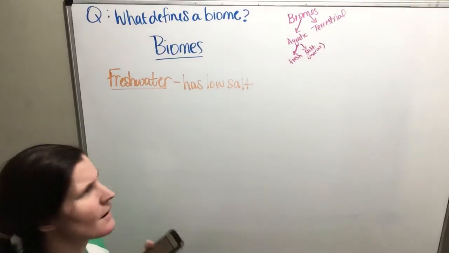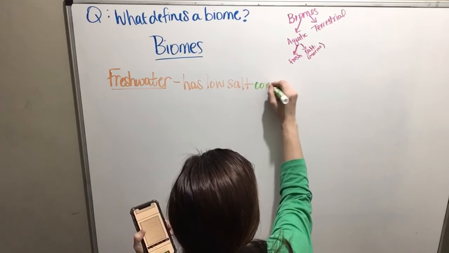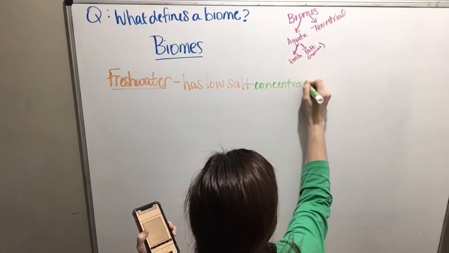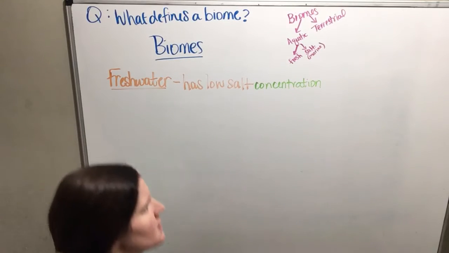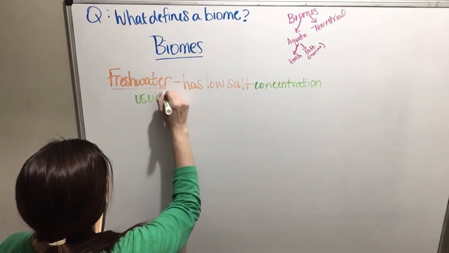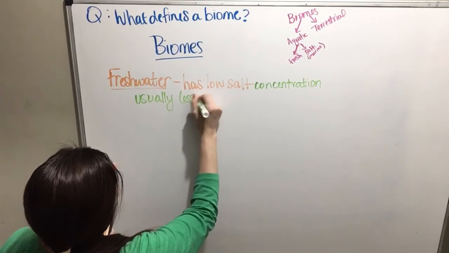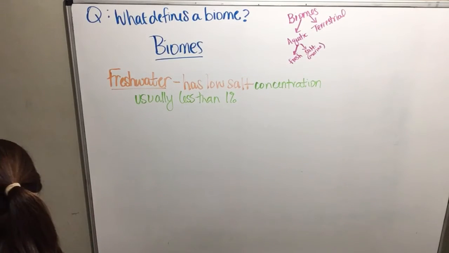So, okay. Has low salt concentration. There is a little bit of salt in all water, but the concentration is super, super low. So we call it fresh water. Usually less than 1% salt concentration.